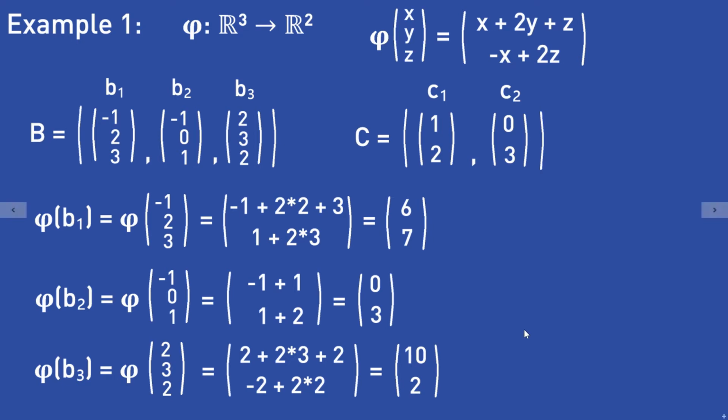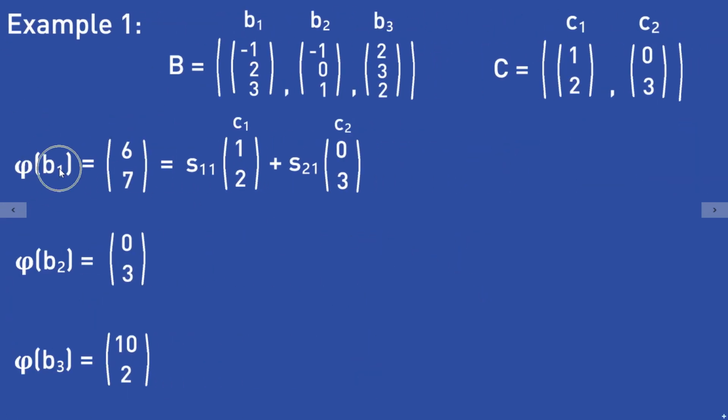Now you have to write these three vectors here as a linear combination of the basis vectors in the basis C, so c1 and c2. Okay, let's start with phi b1. So phi b1, which is equal to 6 and 7, has to be a linear combination of the basis vectors c1 and c2.